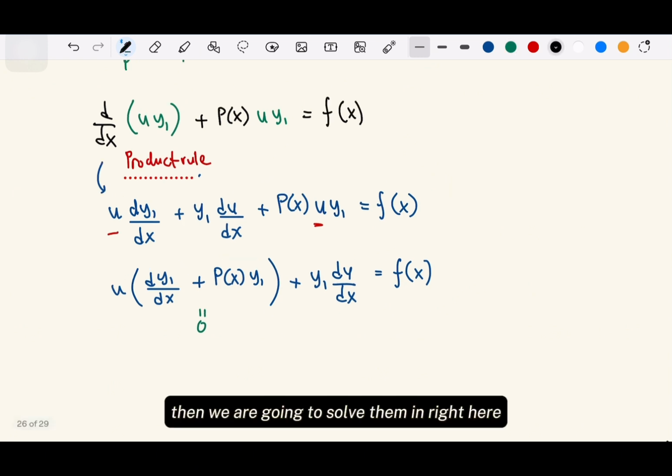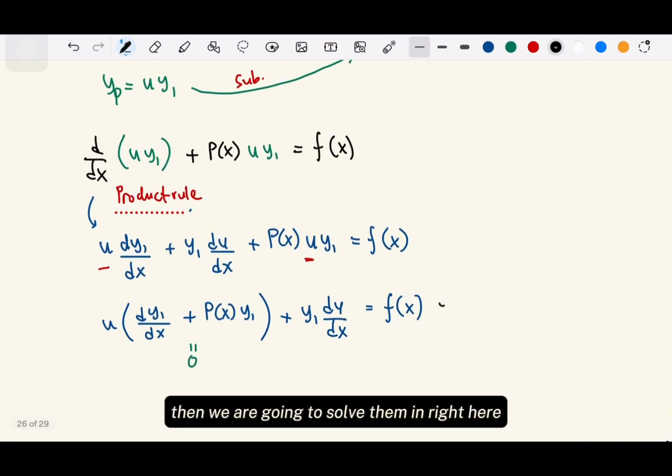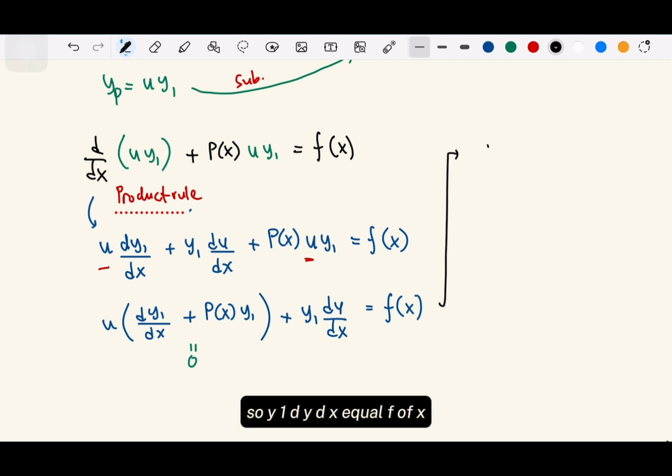So this will conclude with 0. Then we are going to solve, let me write here, y1 dy dx equal f of x.